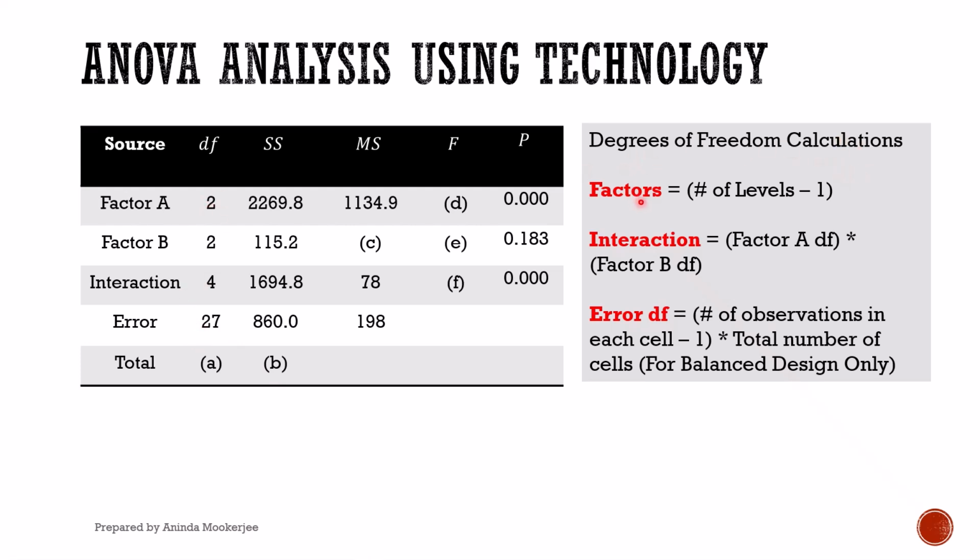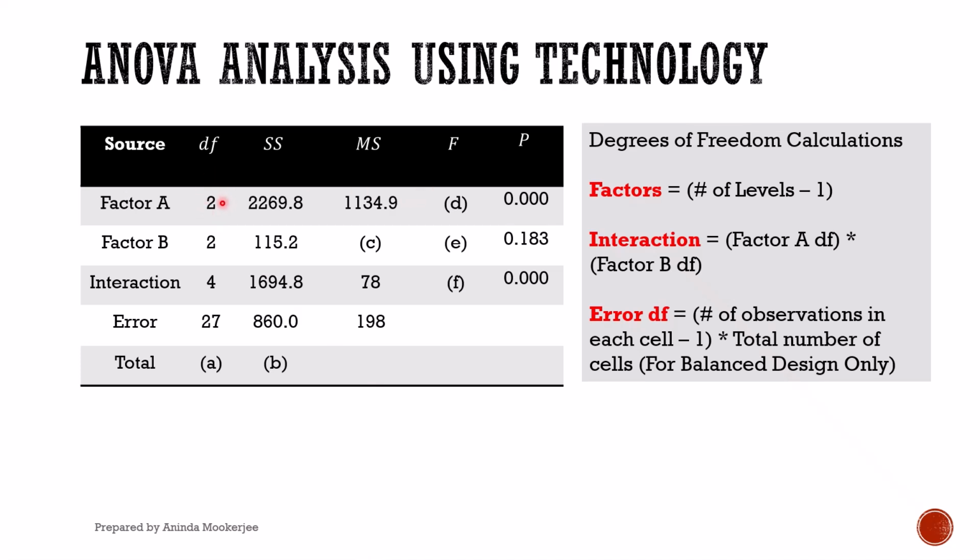For the factors, the formula to calculate the degrees of freedom is the number of levels within that factor minus 1. Here we see that the degrees of freedom for factor A is 2. That tells us that the number of levels within factor A must be 3, because the DF was obtained using the formula number of levels minus 1.